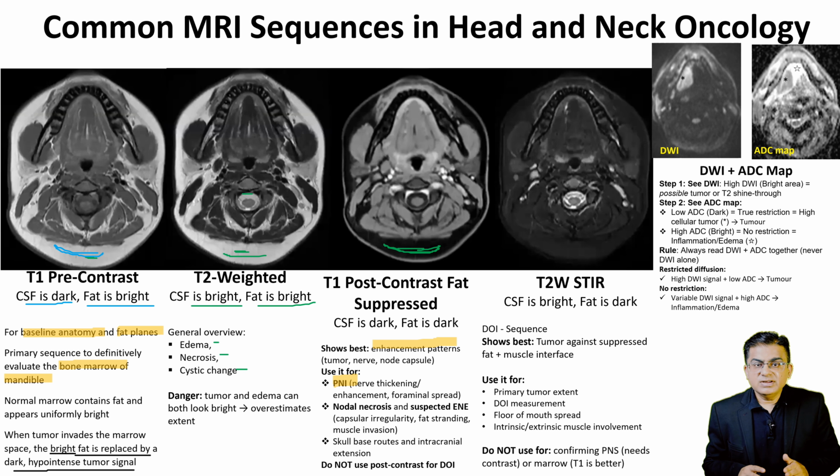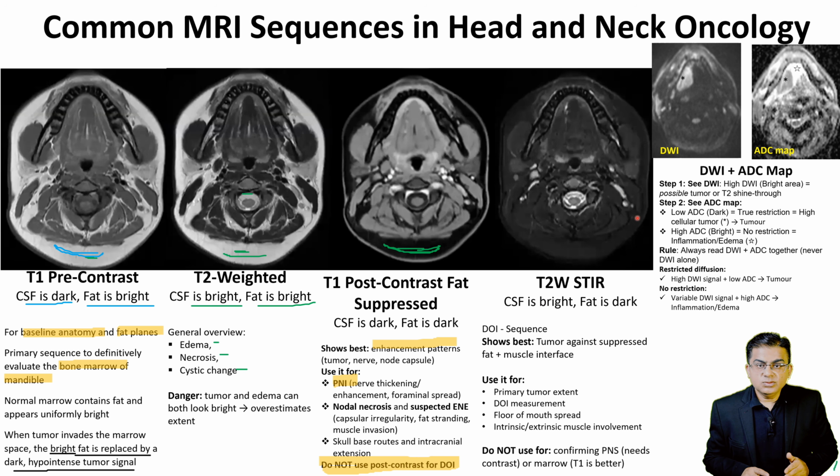You must never use this sequence to measure depth of invasion in the tongue cancer. The gadolinium contrast makes both the tumor and the reactive normal surrounding muscle enhance simultaneously. The borders will blur and you will definitely overstage the primary tumor.